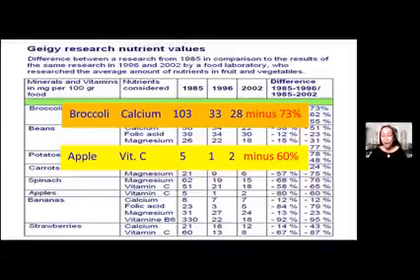Apple, we say that an apple a day keeps the doctor away. That was before. Apple is supposed to be a good source of vitamin C. But look at this. Way back in 1985, the vitamin C content of apple was just 5 milligrams per 100 grams. And 15 years after, look at that, minus 60%.